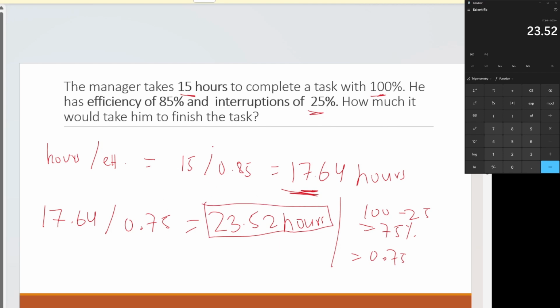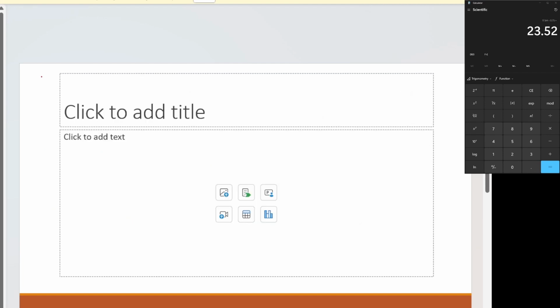I hope this makes sense. If not, please repeat it. I can just go through the equation very quickly. First, you take the hours you have divided by efficiency. You get this number, let's say x.